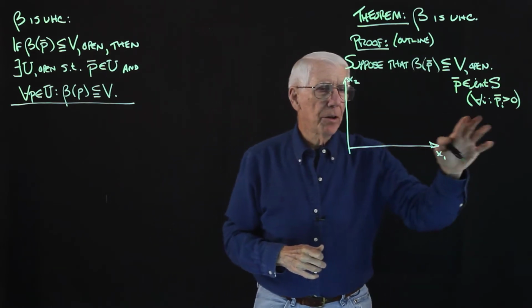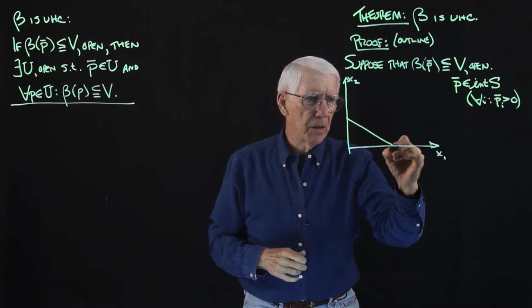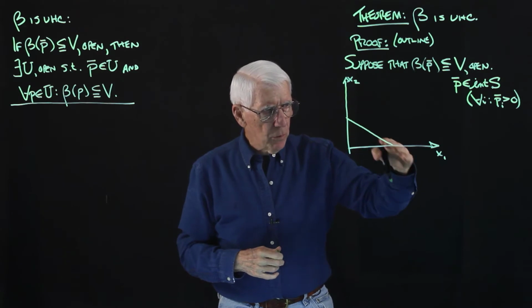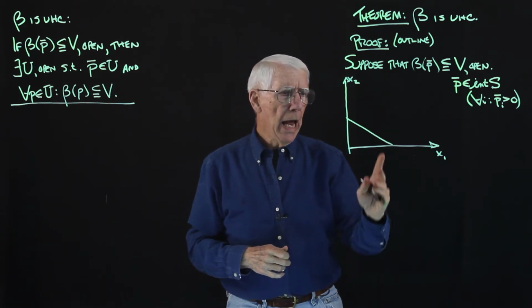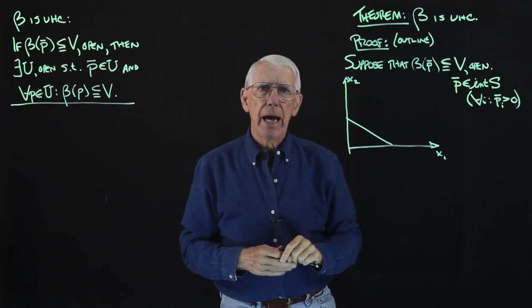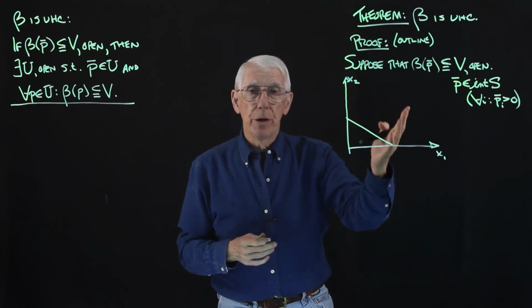And of course, if all the prices are positive, then we know that the budget set is going to look something like this. That is, the budget constraint is going to be downward sloping, and in particular, it will intersect each of the axes. And the same thing will be true if there's more than two goods.